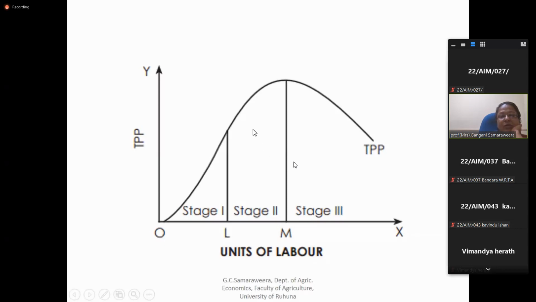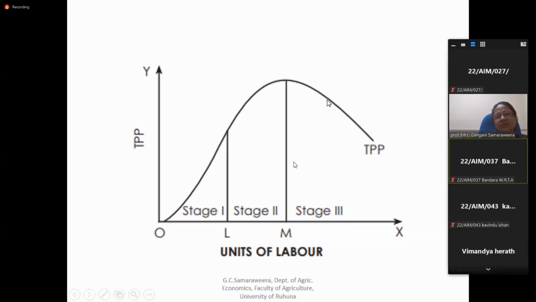Increasing at a decreasing rate means the profits are gradually decreasing. Then here there are no profits at all. Then is it useful for any farmer to use more and more inputs after that point? No, madam, it's useless.